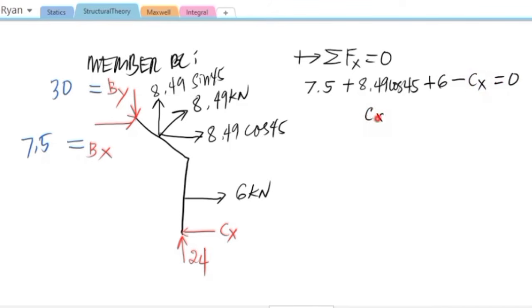So solving for the value of CX, we have 19.5 kN. Since positive yung lumabas na sagot, meaning tama yung assumption natin that CX is directed to the left.